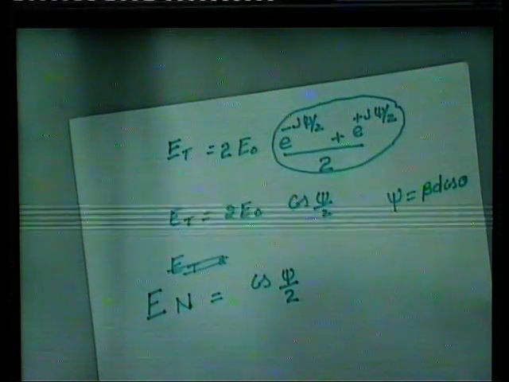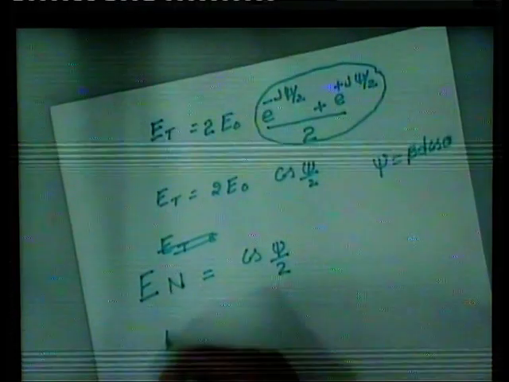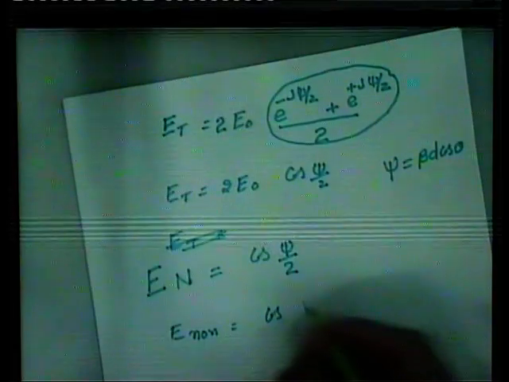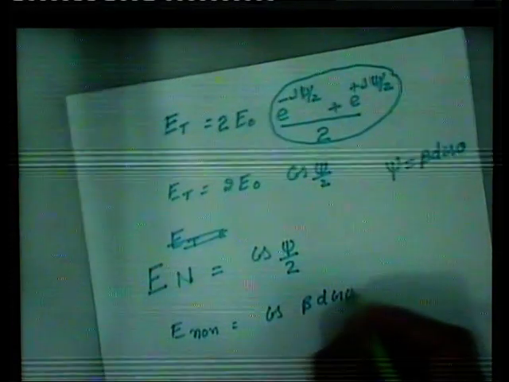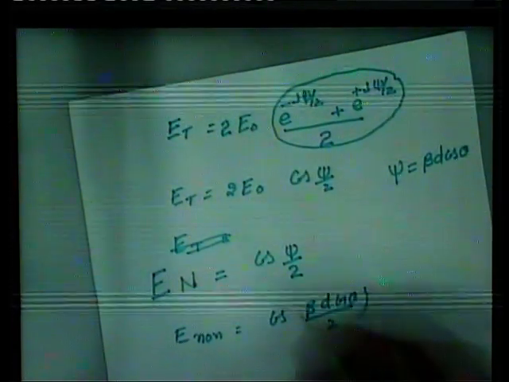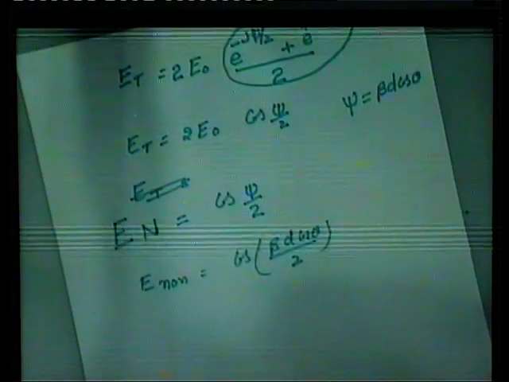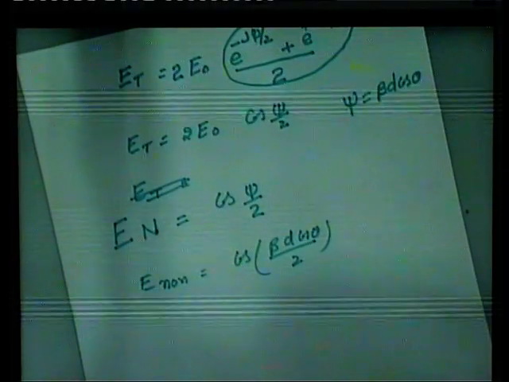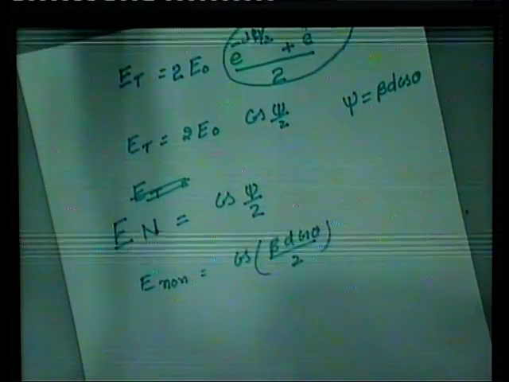Now, so E normalized equals cos of beta d cos theta by 2. So the normalized field will be equal to cos of beta d cos theta by 2.